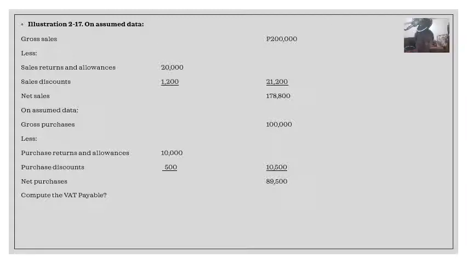So magiging output tax mo 178,800 times 12% is 21,456. So, para makuha yung VAT payable, syempre, compute mo rin yung iyong input tax na magkano? 89,500 times 12% is equal to 10,740. So, 21,456 less 10,740 is equal to 10,716 na VAT payable.